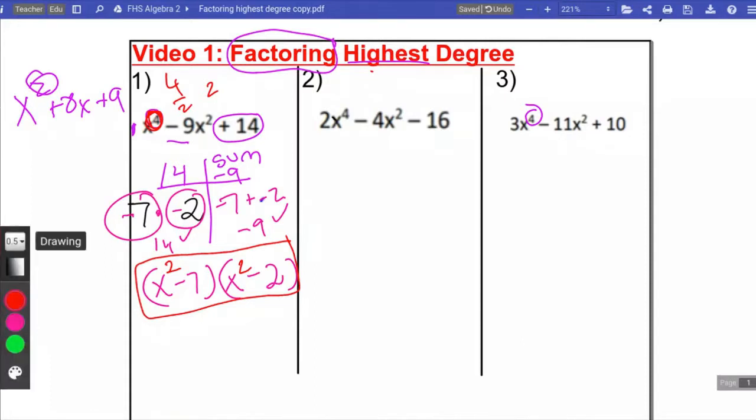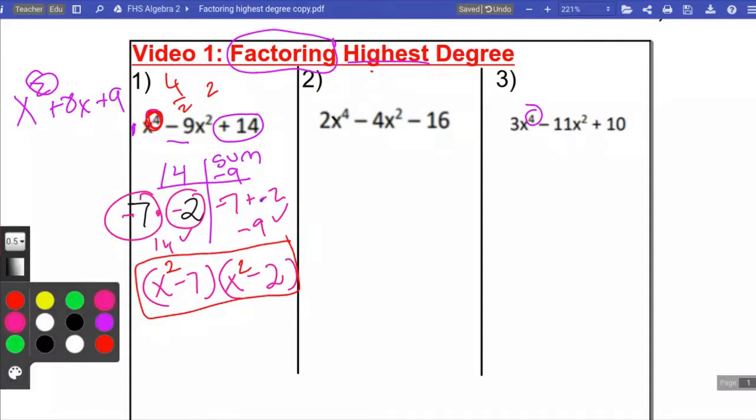With number 2, as you can see, the A is greater than 1. If the A is greater than 1, we tend to do the slide and divide because we're pretty good at that. But before you do the slide and divide, here's something I want to show you. You look for the first number, 2, 4, and 16. Is there a common number that can be factored out?